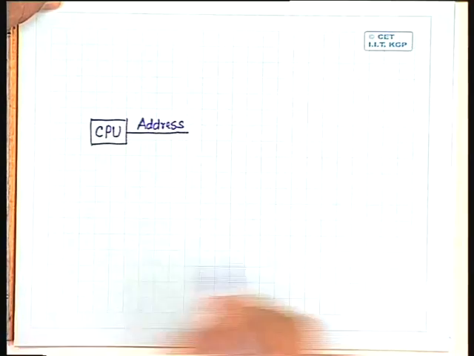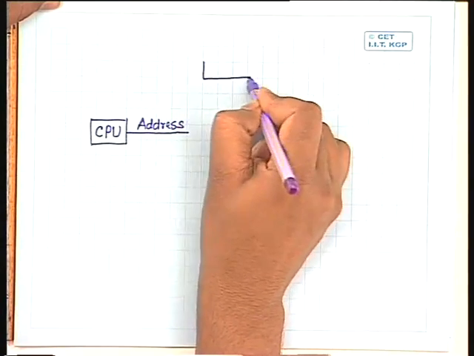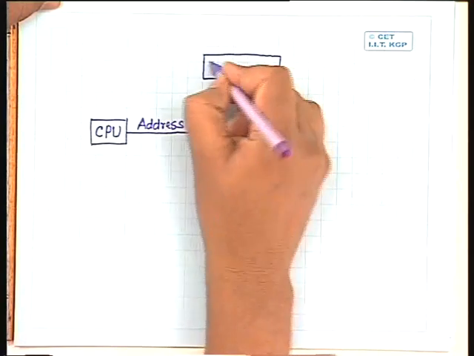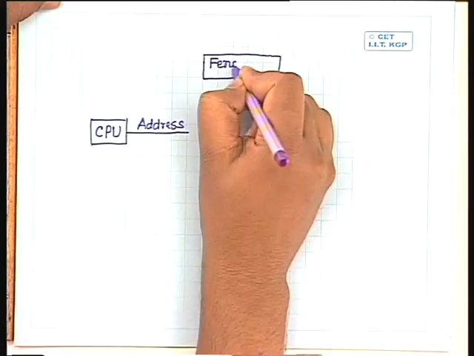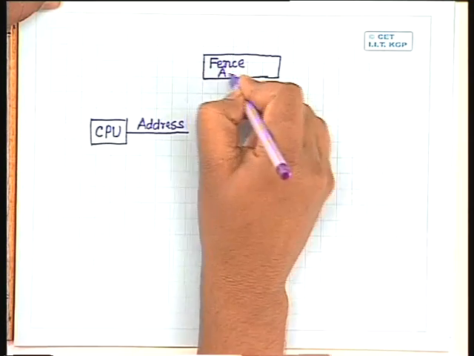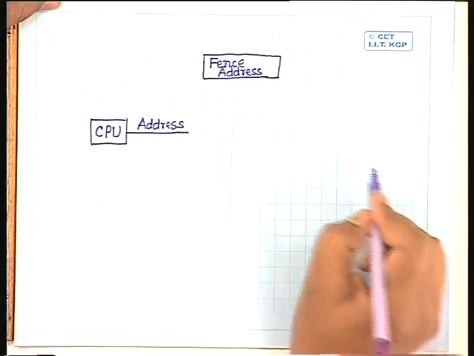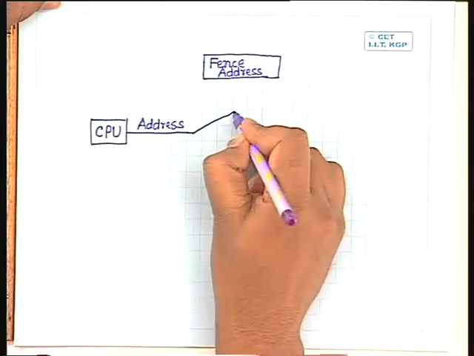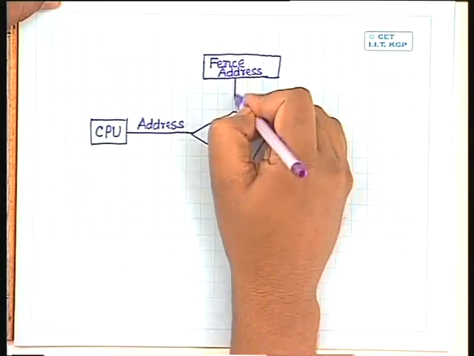And I also have a fence address, which is the boundary between the user area and the monitor area. So I have to compare this fence address with the address that is generated by the CPU. So I have to compare these two addresses.